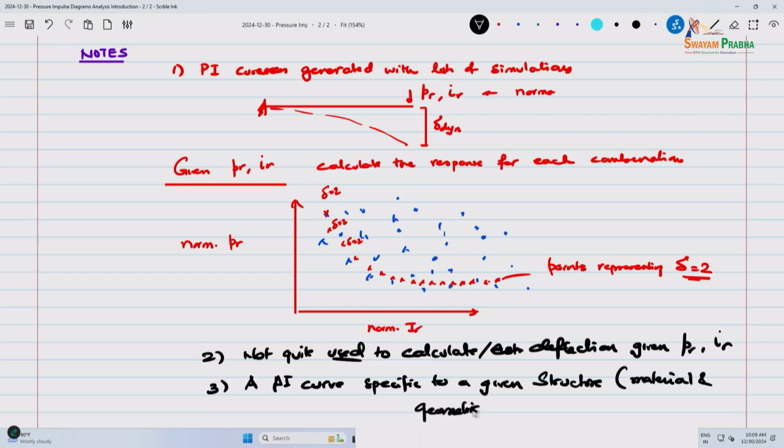But given that, you can extrapolate a little bit for a similar structural type, because you cannot be generating for each and every situation like this.